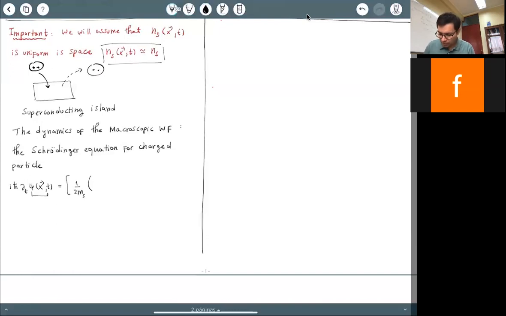And we have the momentum, so linear momentum. But because we have a charged particle, there is also a minimal coupling. So this superfluid particle will couple to the vector potential in this way.